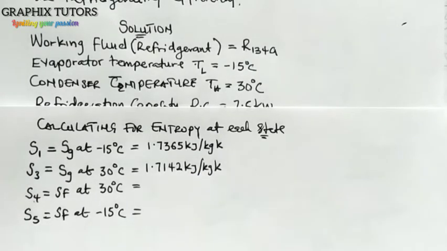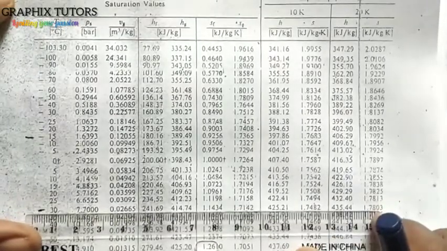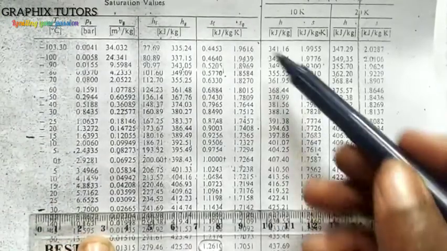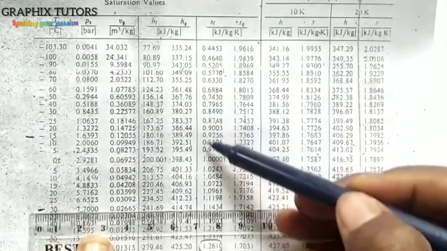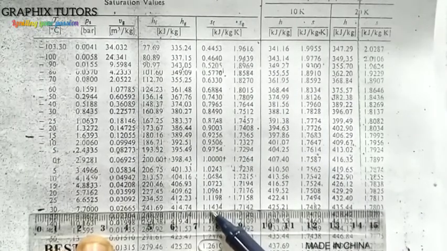Now the same thing, you go to SF at 30 degrees centigrade. SF. So you go to SF, use your meter rule, and you place it there, and you trace SF at 30, and we have 1 point.